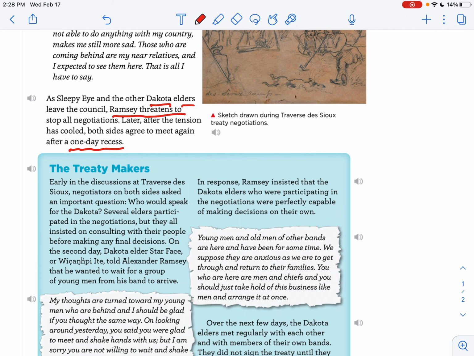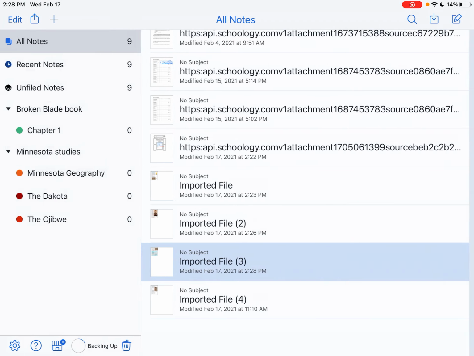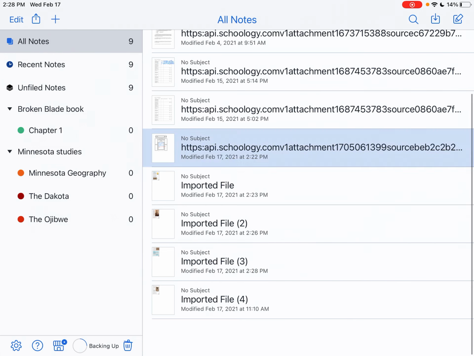And what's Ramsey's reaction to this? Alexander Ramsey. Is he okay with this? Is he cool? No, he's mad. So what do they agree to do? They agree to just chill and take a day off from these negotiations. So we better write this down.